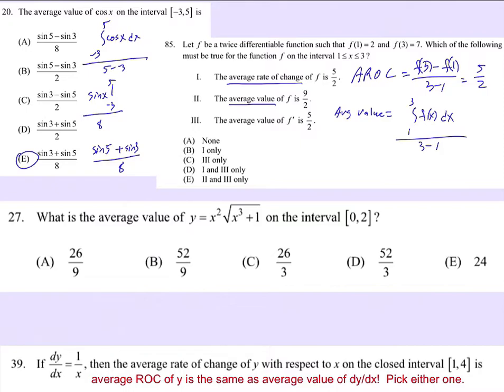So I have no idea if choice 2 is correct. 1 was. I don't know if 2 is. And I want you to notice the average value of f prime is the same thing as the average rate of change. Remember, f prime is the instantaneous rate of change. So the average of all the instantaneous rates of change would be the average rate of change. Those two things are the same thing. So choices 1 and 3 both have to be correct.